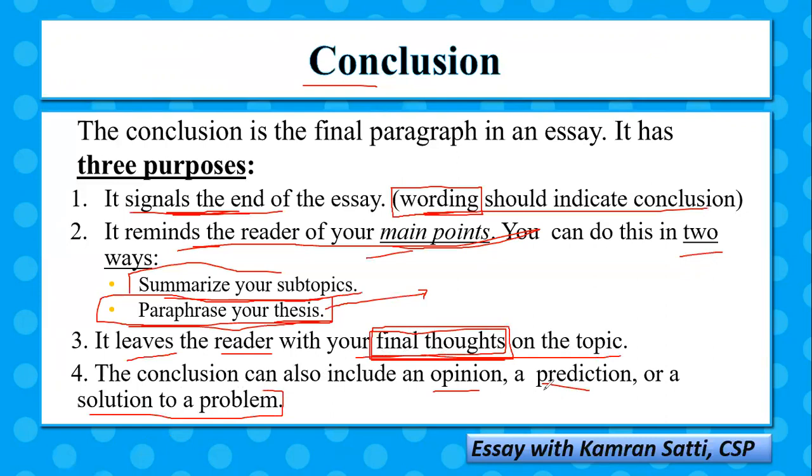It can be a prediction like democracy is no more vulnerable in Pakistan, or it can be my opinion also. But remember, all these things should be within the bounds of the material you have provided in the body paragraphs. You can't predict something which doesn't have a supporting base in your essay. You can't predict more than what you have written in your essay.